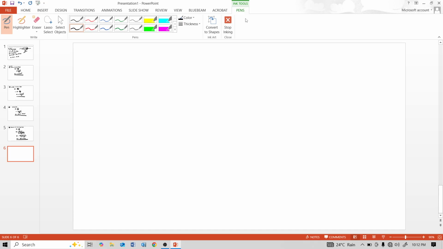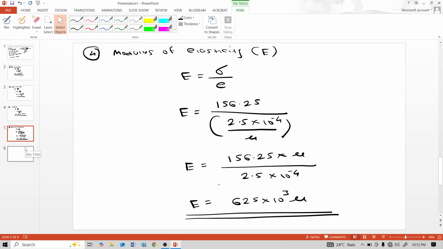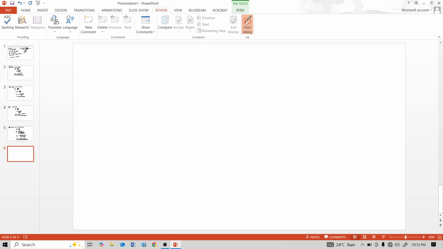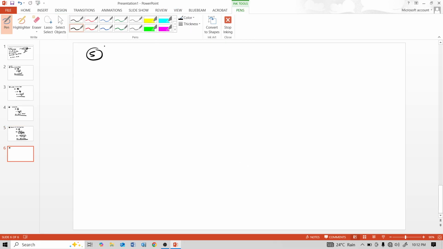Next, Step 5. Using the relationship between E and G, we find mu.